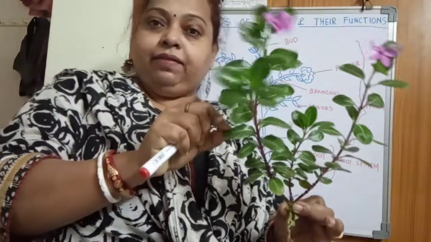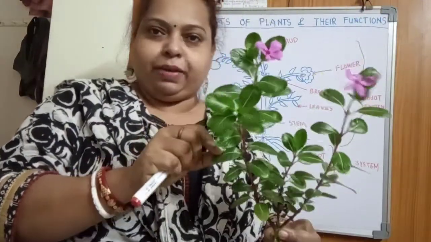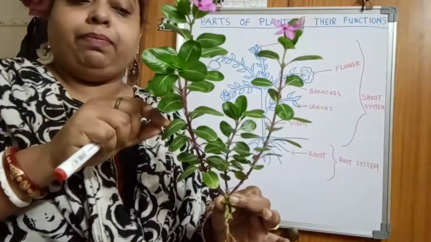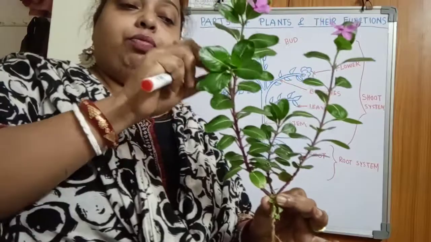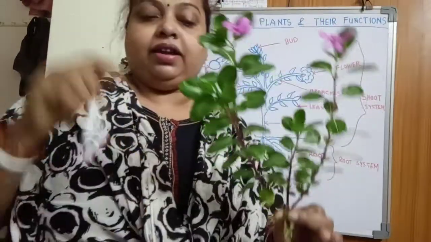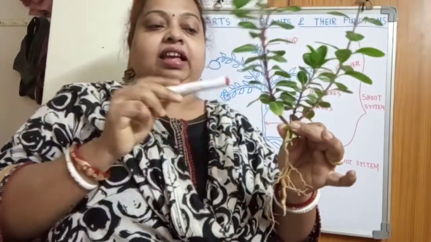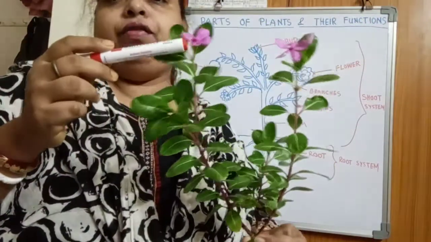Now in the leaves the food is being prepared, and after preparation the leaves again transport it to all the parts of the plant. So this is root, this is stem, branches, leaves, and you can see here flowers.